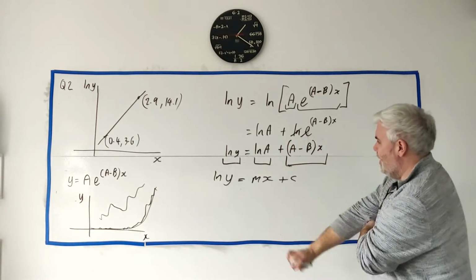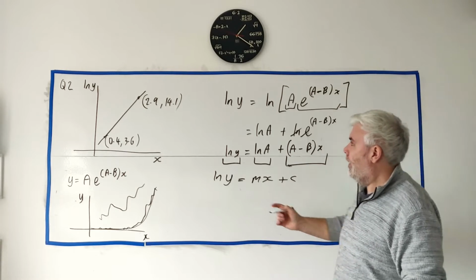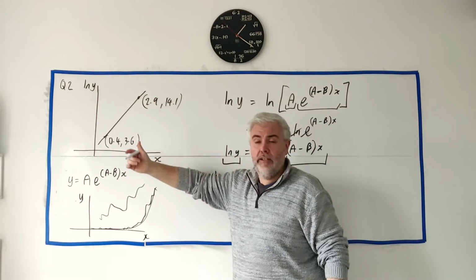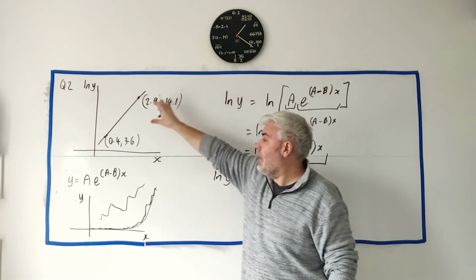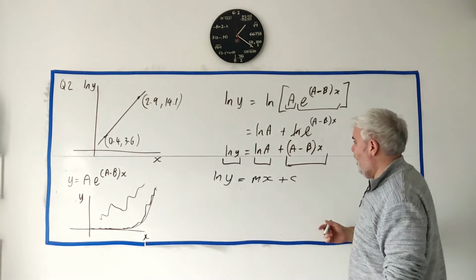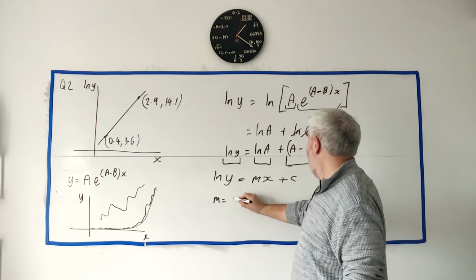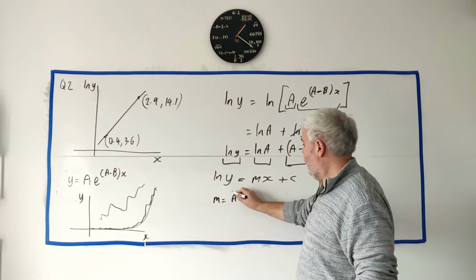So noticing that means, because you have 2 points here, you could get the slope of this line. It's just coordinate geometry. You could get the equation of this line. And this is telling me, if you get the slope of that, m is just equal to a minus b.